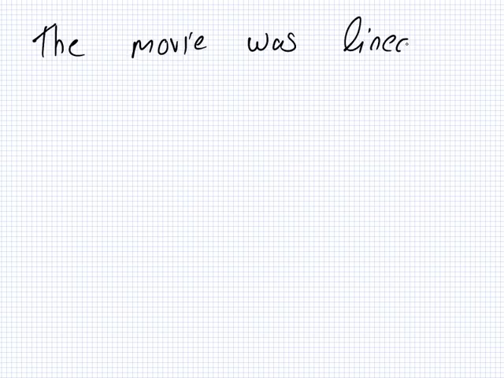So, for example, in English, you could say something like, the movie was linear. What do you think that means? Such as Harry Potter 1, Harry Potter 2, Harry Potter 3? No, not this. I just mean one movie here. You watch a movie and then you say that movie was linear.